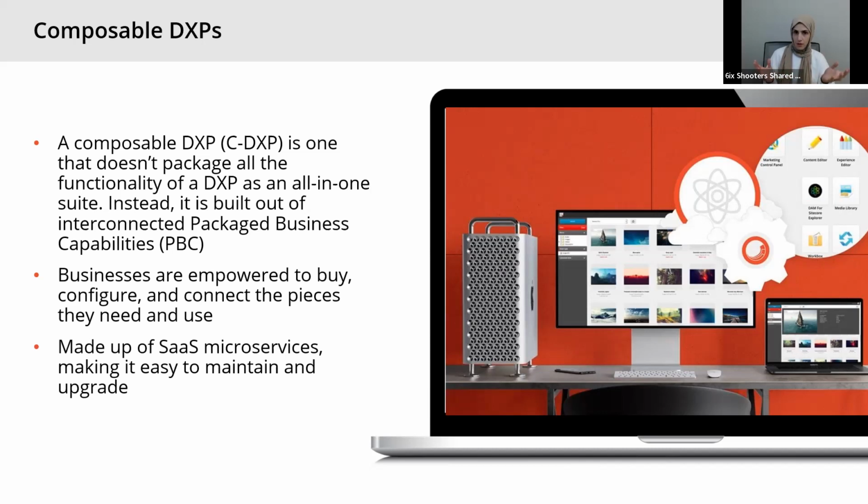And these components, you can think of them as content management system, personalization, optimization, search, analytics, marketing automation, and what have you. The composable approach to DXPs empowers businesses to pick and choose and pay for the components that they actually need and use. And those components are usually in the form of SaaS microservices where the vendor takes care of upgrades, availability, and security, making a composable DXP relatively easy to maintain.